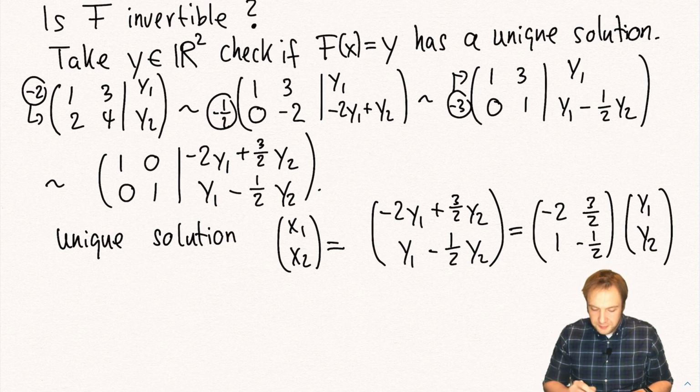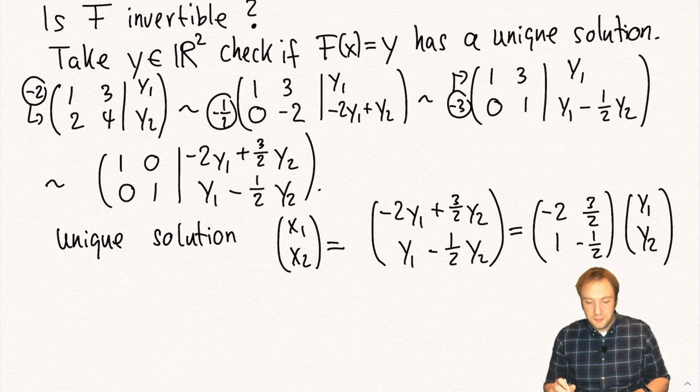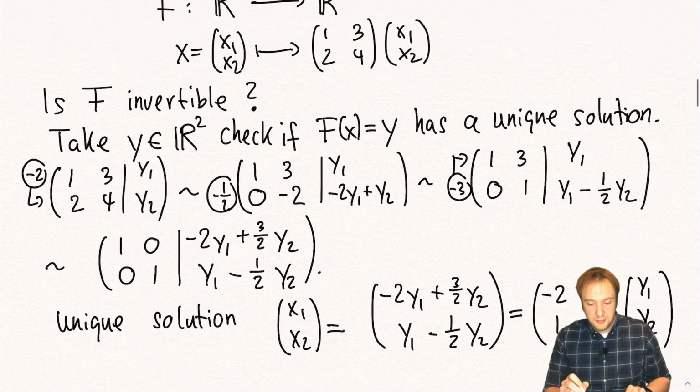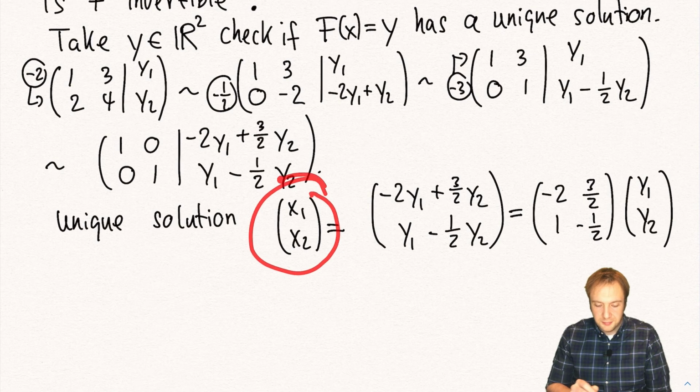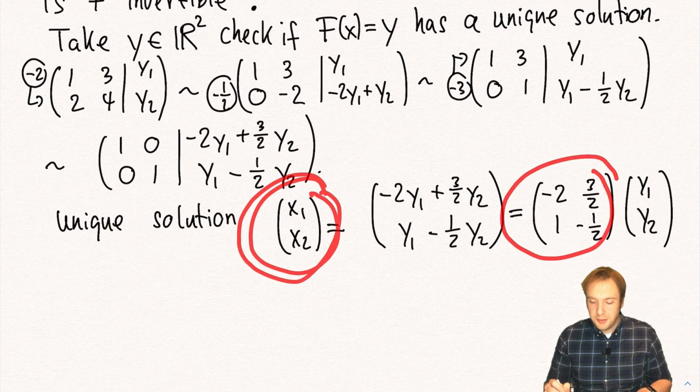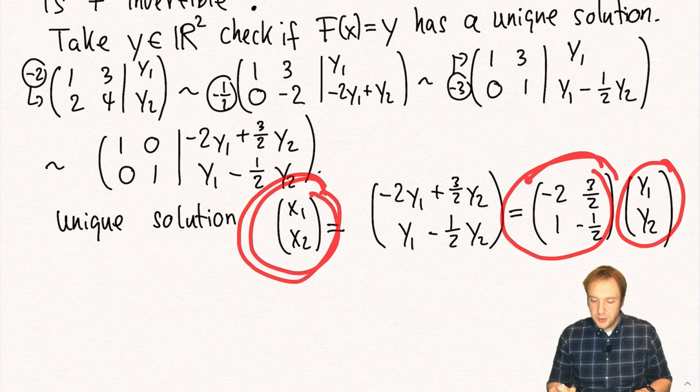And this will be exactly the inverse, because for the inverse what we want to find is the assignment: given a vector y, we want to find the unique x. And here we have exactly the formula for x, which is given by multiplying this vector y with this matrix.